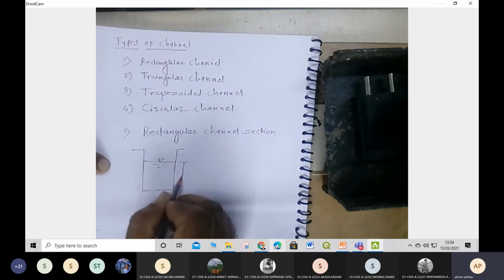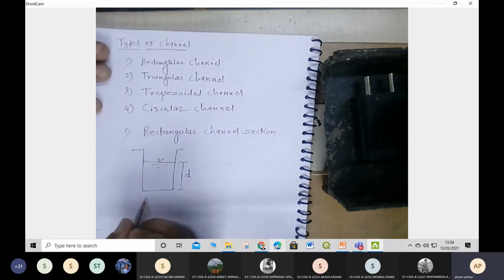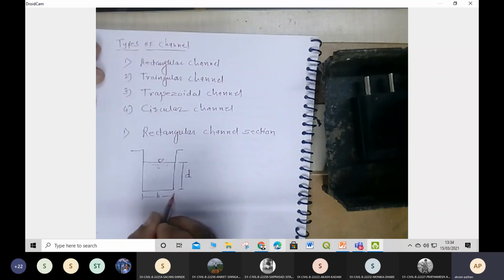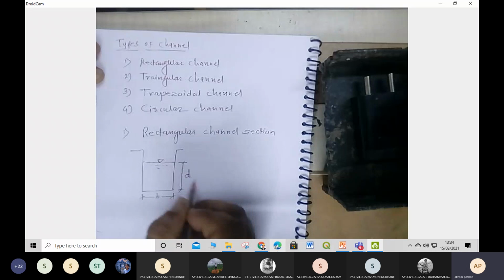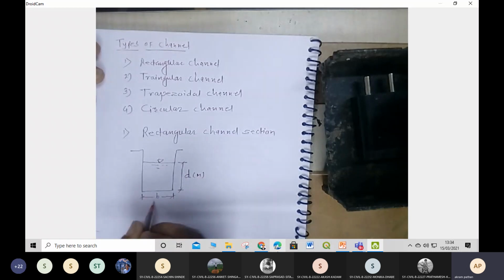This is the depth of flow, small d. And we have the bed width of the channel. So this is the width of the channel and this is the depth of the channel in meters. All the dimensions are in meters.